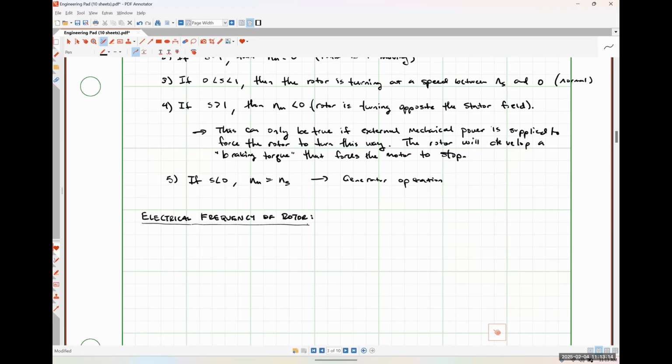Or what's the frequency of the current that's flowing through our conductive bars and things like that?